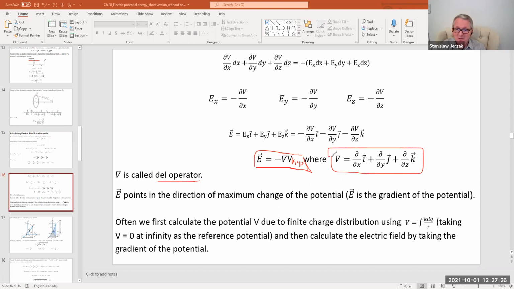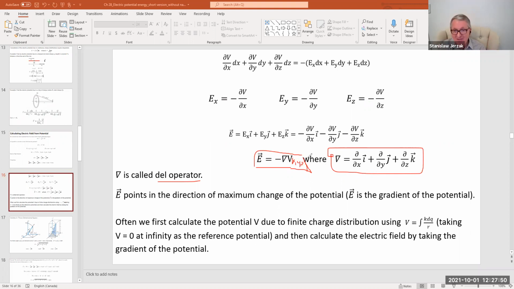The student was telling me that the del operator was already defined in calculus 2015. Could you confirm that? Did you take 2015 this year or last? I'm in it right now. So that was done, and you should know it very, very well. What a good synchronization between calculus and physics.